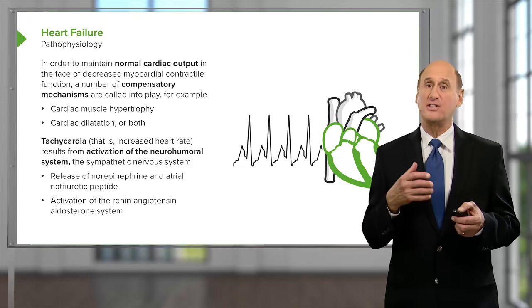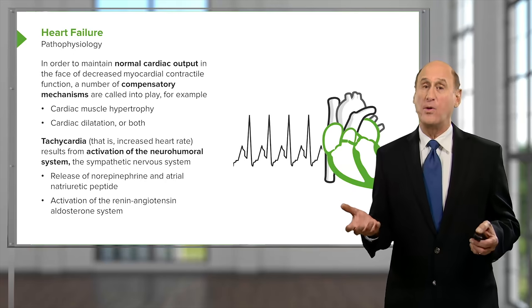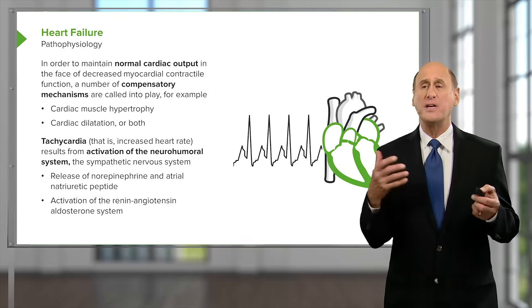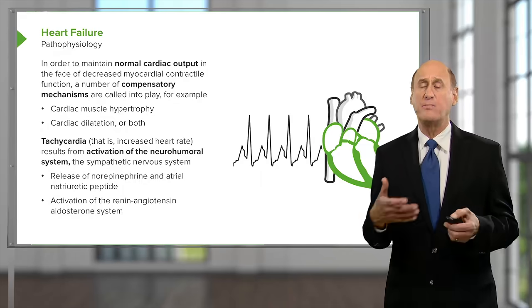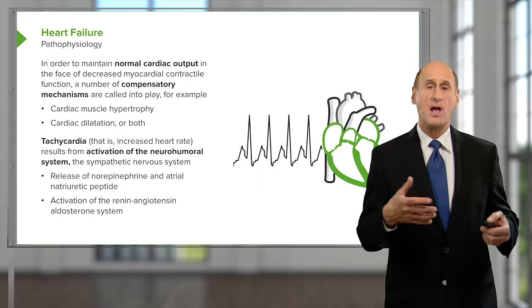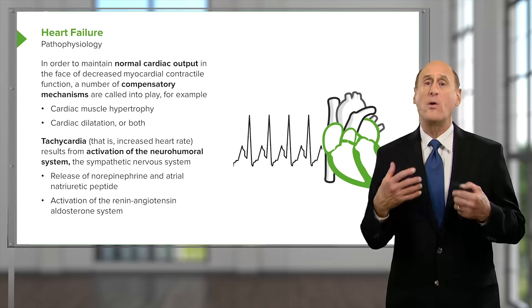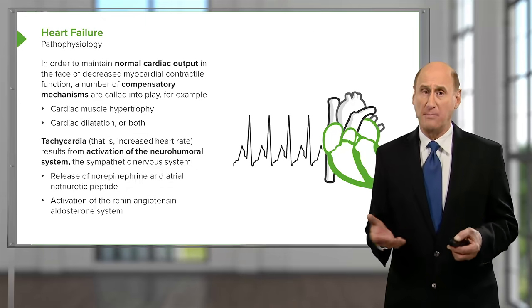Unfortunately, this is exactly the opposite of what we would want, because in holding on to fluid, you actually create the setting where patients put some of that fluid into the tissues, both in the legs as edema or in the lung as pulmonary edema.